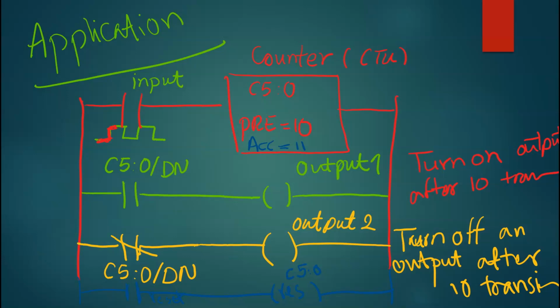So after the accumulator value is equal to 10, we turn on the output field device because we know as soon as they are equal, we have a done bit equal to 1, so the output can be turned on or turned off after a preset number of transitions, but we don't care what happens to the accumulator value after that. If we want to make sure that the accumulator value cannot exceed the preset value, we need to add a little bit of modification to our program. Let's look at the program.